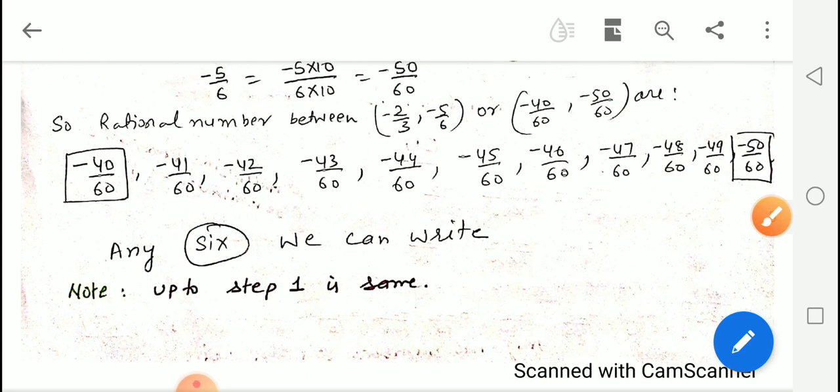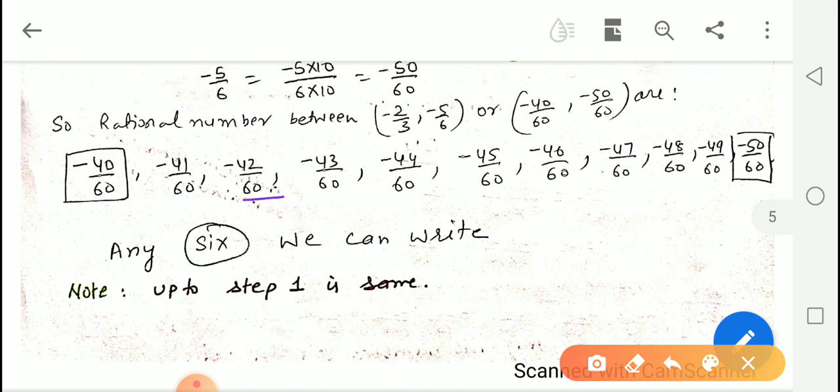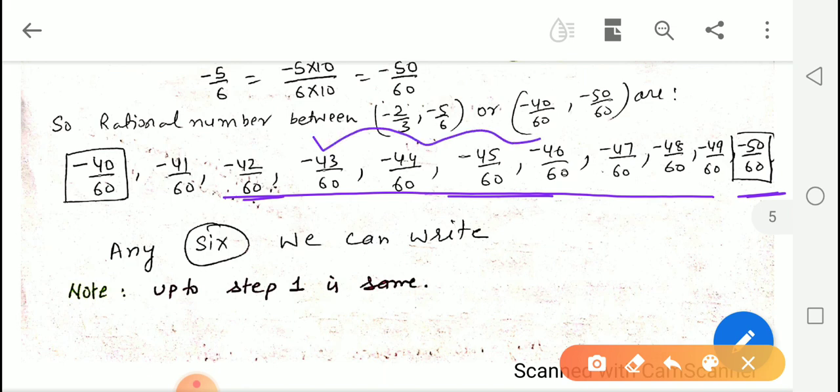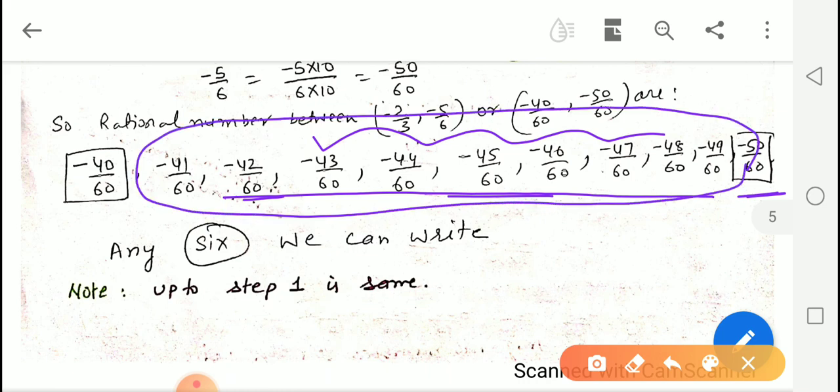Here also for writing the rational numbers in between, we will write these numbers in descending order between negative 40 by 60 and negative 50 by 60. The denominator is 60 and we will write the numerator in reverse order like this. So these many rational numbers are in between negative 40 by 60 and negative 50 by 60.